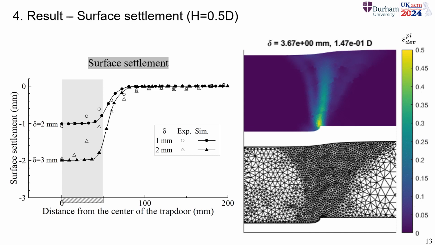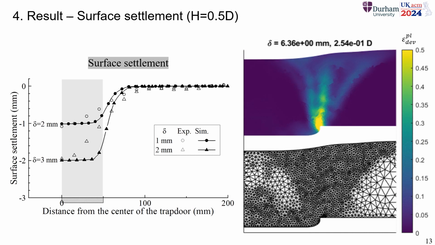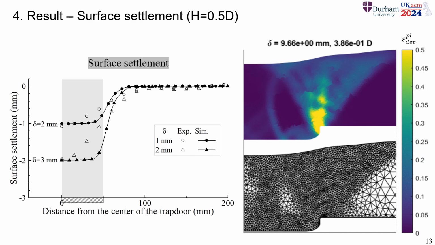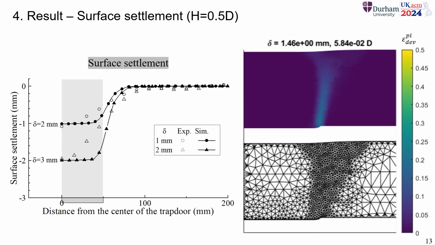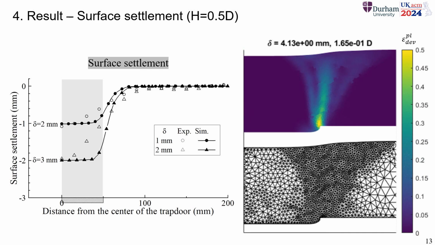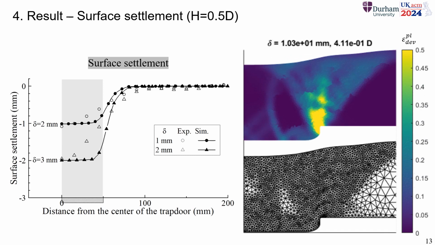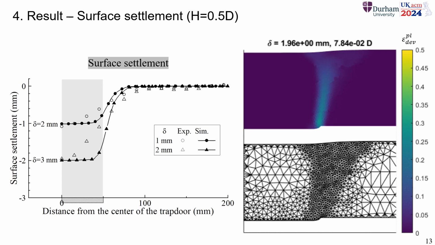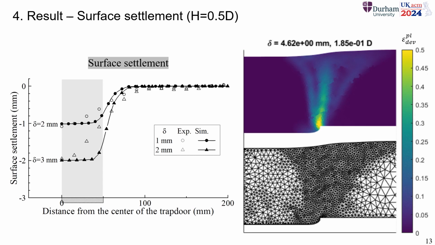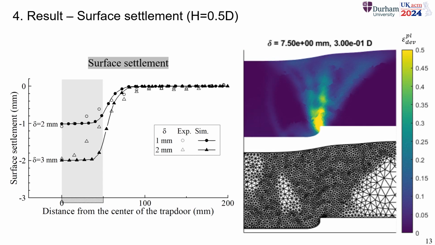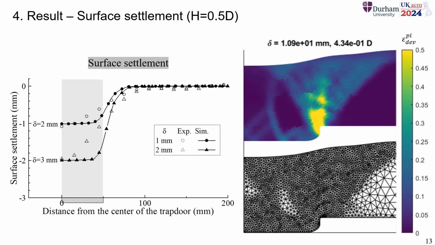Then why was there this difference? It's probably due to the different surface settlement. You can see that as the trapdoor moves downward, the deviatoric strain stops being concentrated into a narrow band and develops into a wider fan shape or wedge shape.